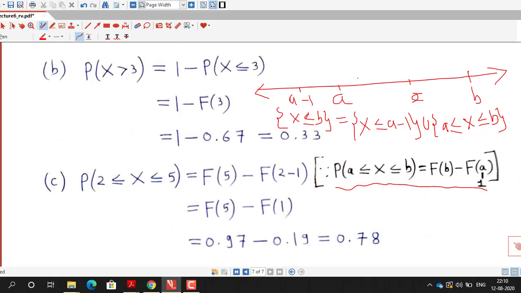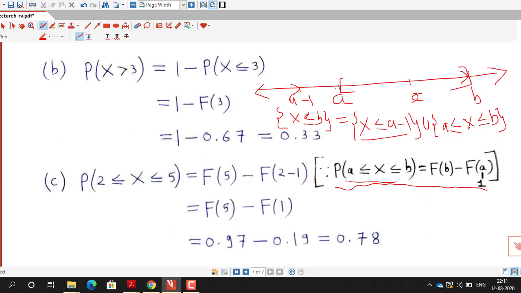Here the values are integer values, and we are interested in this probability that capital X lies in the closed interval a to b. So we consider this event capital X less than or equal to b. This event is the union of these two events, capital X less than or equal to a minus 1 and capital X lies in the closed interval a to b.